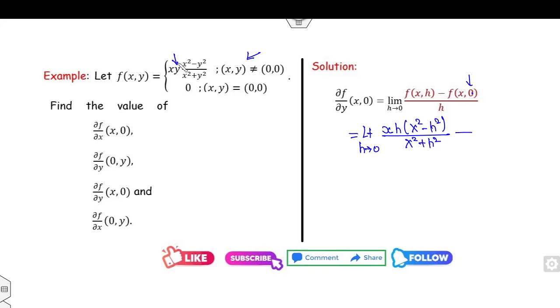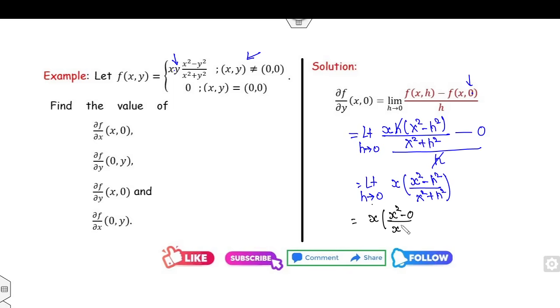If you substitute y as 0, the answer is 0 divided by h. So what will happen if you do that? This h will be cancelled out. The remaining expression will be x into (x square minus h square), over (x square plus h square). Now substitute the limit as h goes to 0: it is x square minus 0, over x square plus 0. So that will be x, the answer.